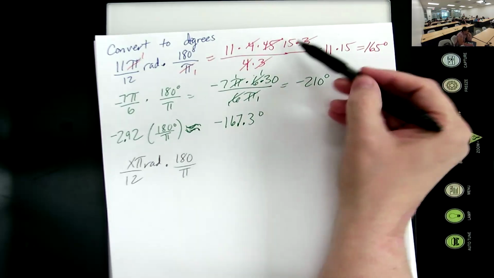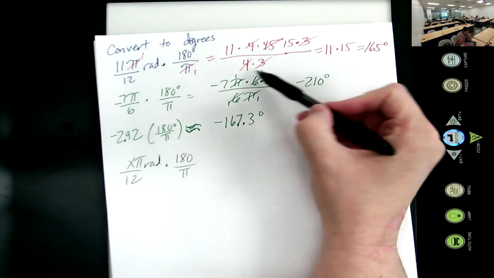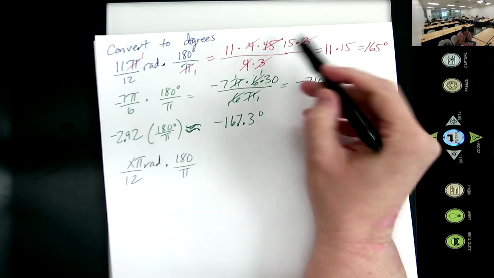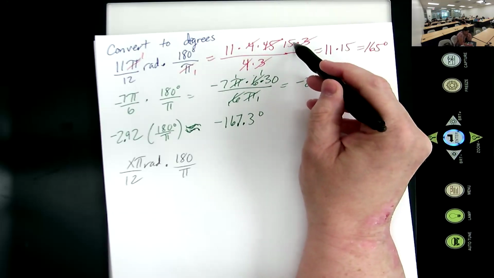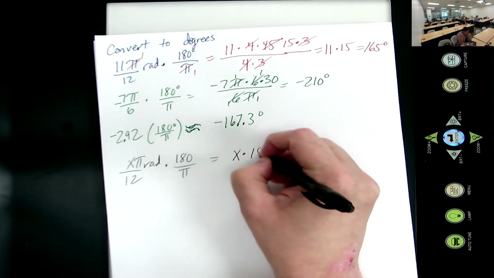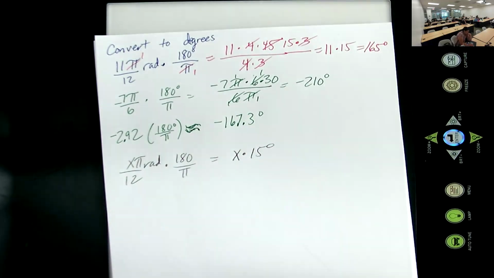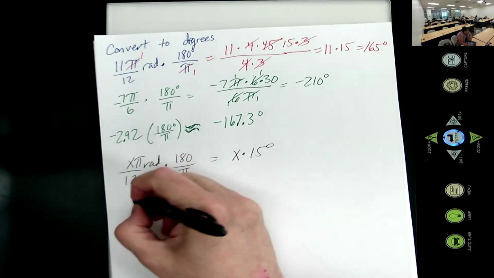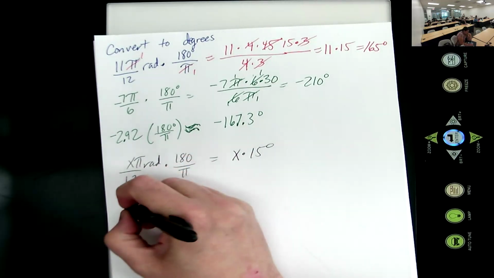We saw up here when we did 180 and the 12, the only thing left was 15. This ends up being x times 15 degrees. So if you've got a denominator of 12, it's a 15-degree increment. Another common one is over 6.